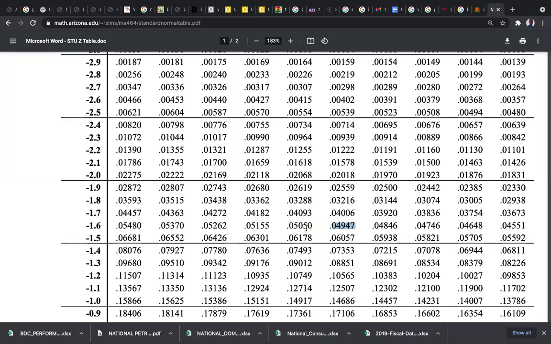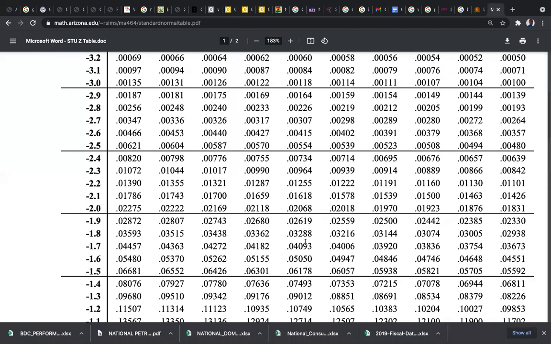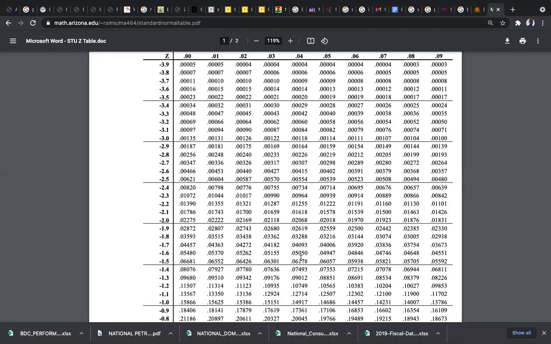Yes. Now, what value corresponds to this 0.0505? Negative 1.64. And then which one corresponds to 0.4947? Negative 1.65. So you realize that the 0.05 lies between negative 1.64 and negative 1.65, right?